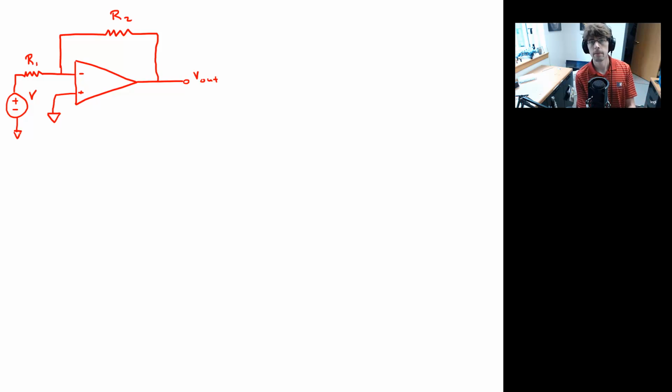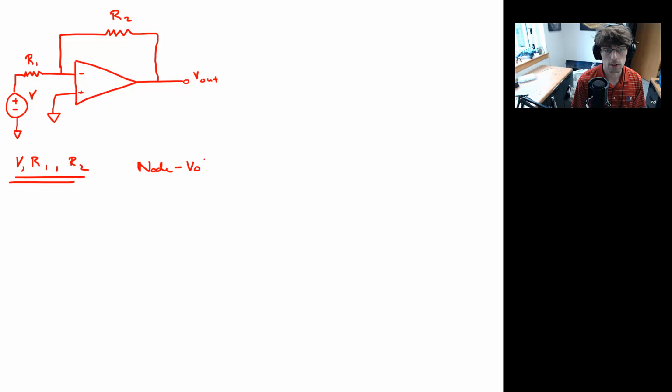So here's my mission for you. Assume that you have the values of V, R1, and R2. Using node voltage, I think node voltage is the way to go here. That tends to be the technique that I use the most often for analyzing these circuits, just to let you know.